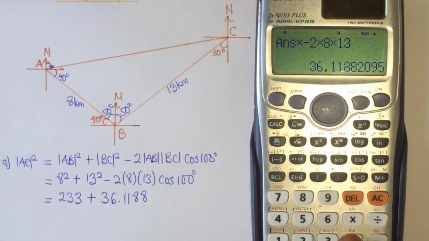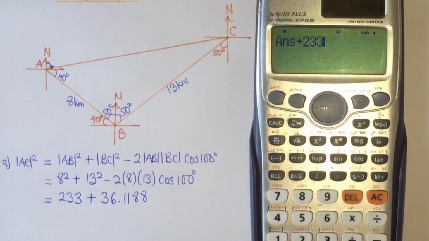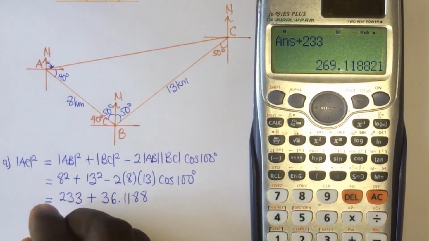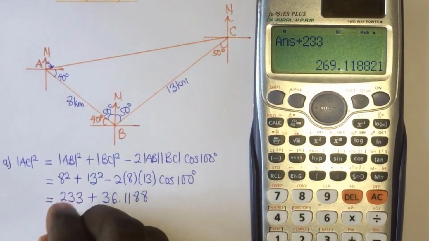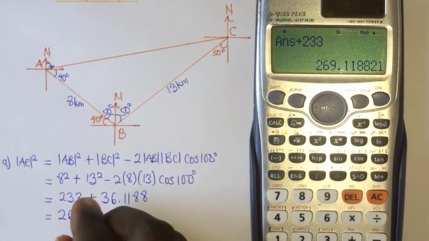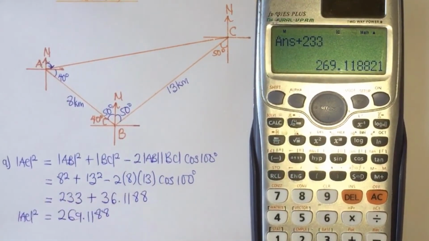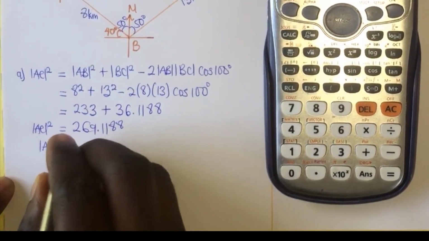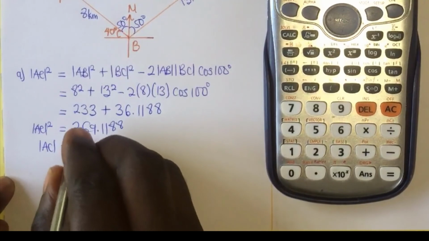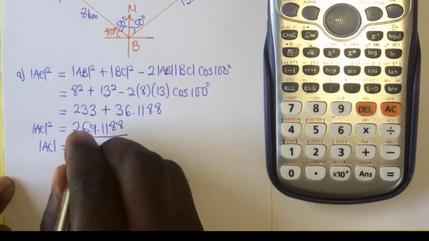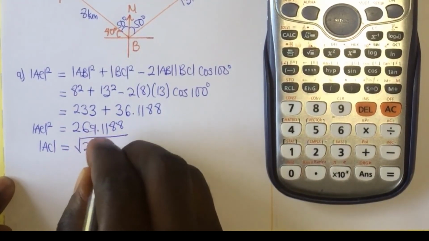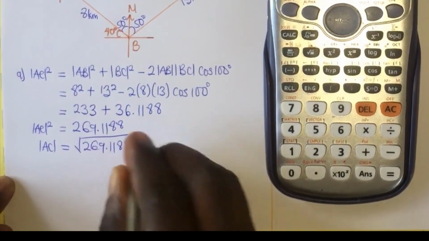So when we add that to 233, we will get 269.1188. That's for AC square. So to get AC is equal to the square root of 269.1188.